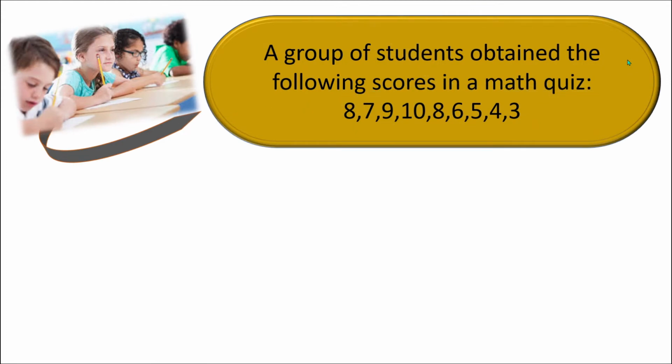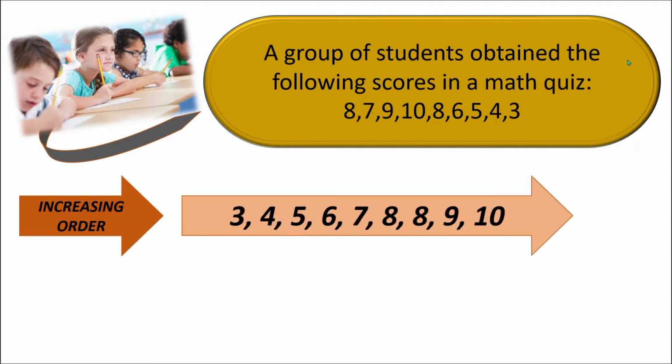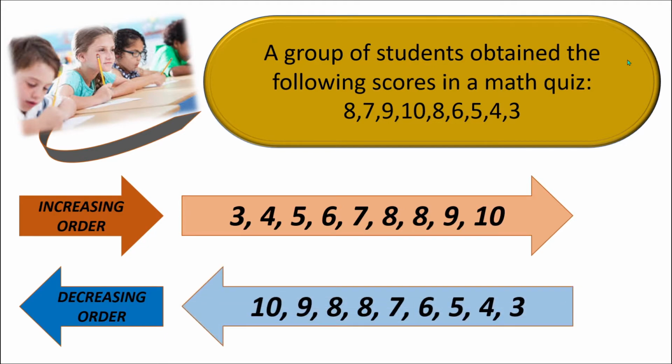A group of students obtained the following scores in a math quiz: 8, 7, 9, 10, 8, 6, 5, 4, and 3. If I'm going to arrange the data in increasing order, the sequence is like this. And if I'm going to arrange the data in decreasing order, the sequence is like this.